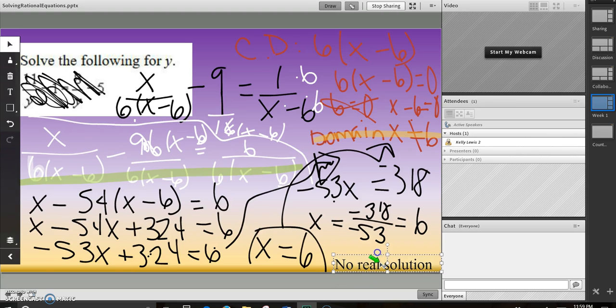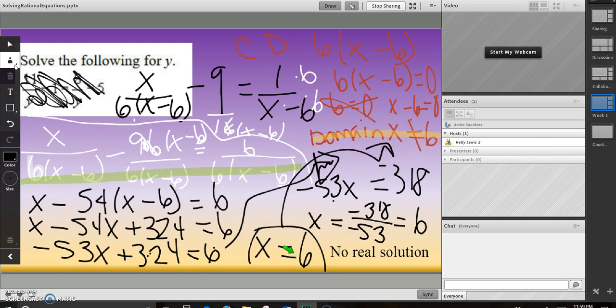That's the little hiccup when you get a number that can't be in the domain. No real solution, because we got 6, but the domain said it can't be 6. So there's no solution because the number we got can't be that.